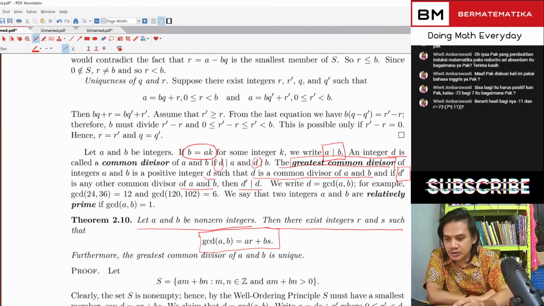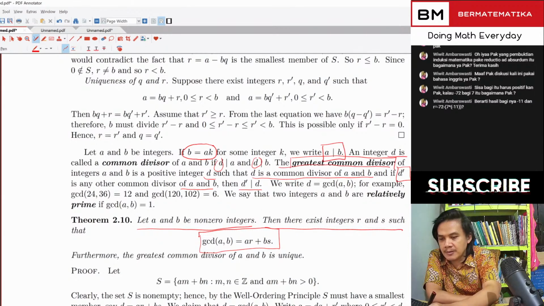So let's do this in our scratch paper here.